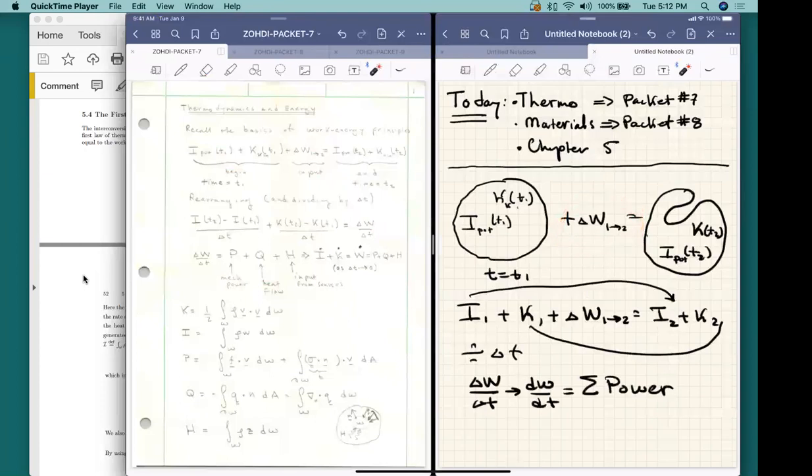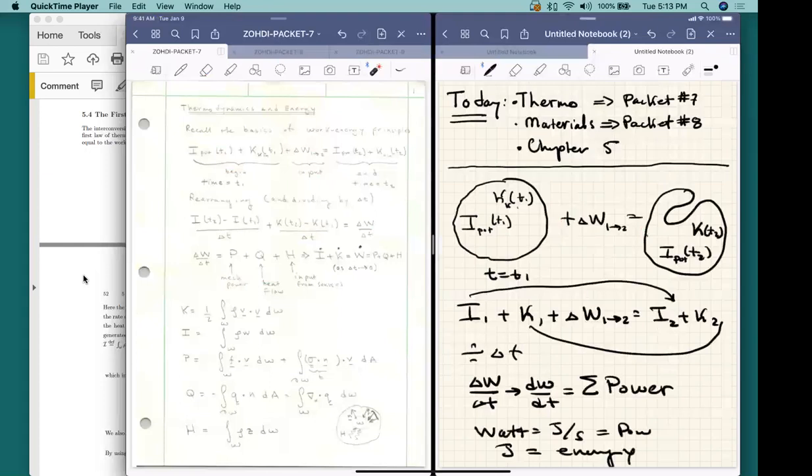So units are important in this kind of a discussion. The units in this case are joules, or energy. Watts are joules per second, so that's going to be our metric of power. So we're always going to be thinking about watts as joules per second, which is power. And then, of course, joules is going to equal energy.